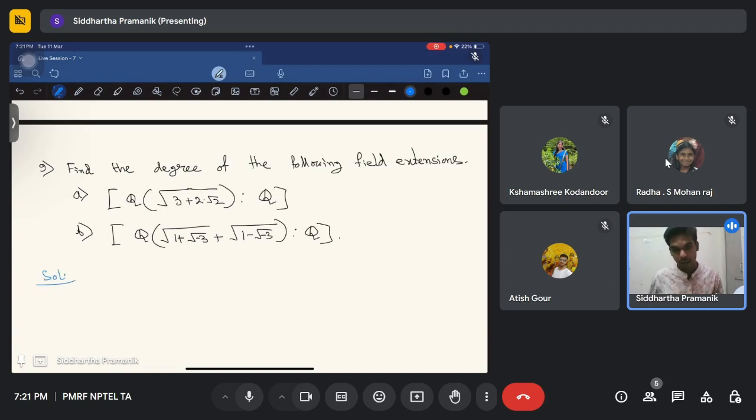Try the first one. We need to find the vector space dimension of this over Q, and the same for the second problem.